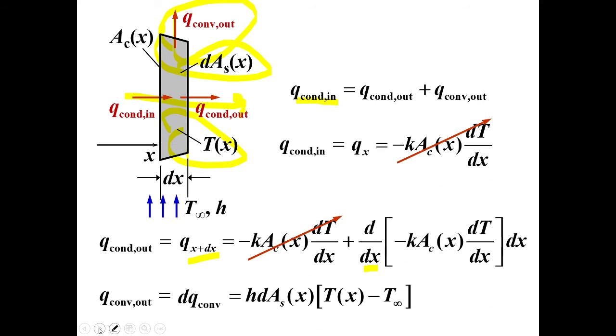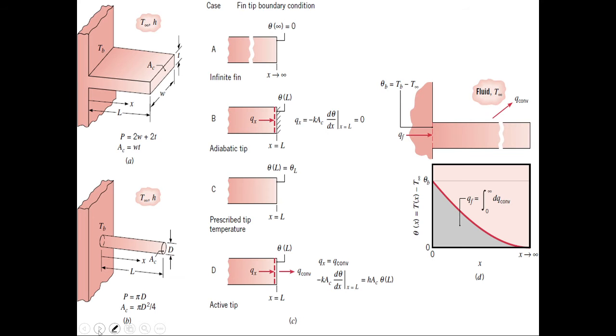Now when we put all three of these values in the equation, Q conduction inside equals Q conduction outside plus Q convection outside, and these two terms will cancel out. Further simplification gives many equations.